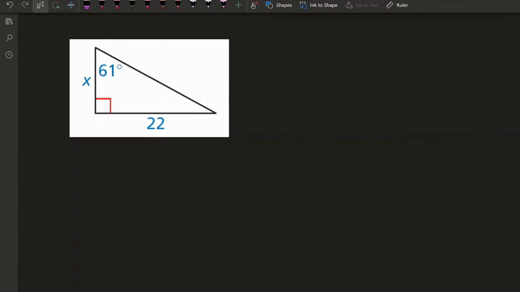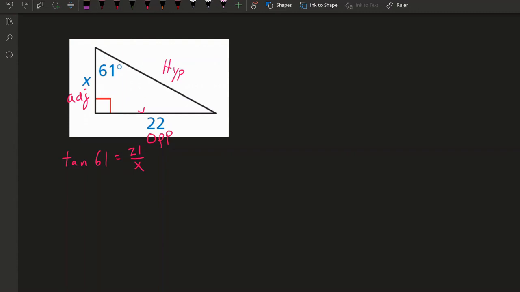Okay, so in this case, I've got 61 right here. And if I go directly across from 61, I know that this is going to be the opposite, this is going to be the hypotenuse, and then the x is going to be the adjacent. So I would get the tangent of 61 degrees equals opposite over adjacent. Now already I can see this is one where the variable's in the denominator, which means it's probably going to make my life a little bit harder.